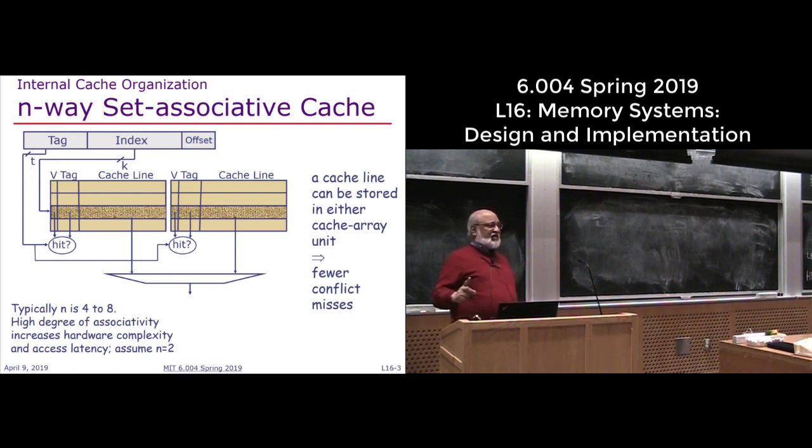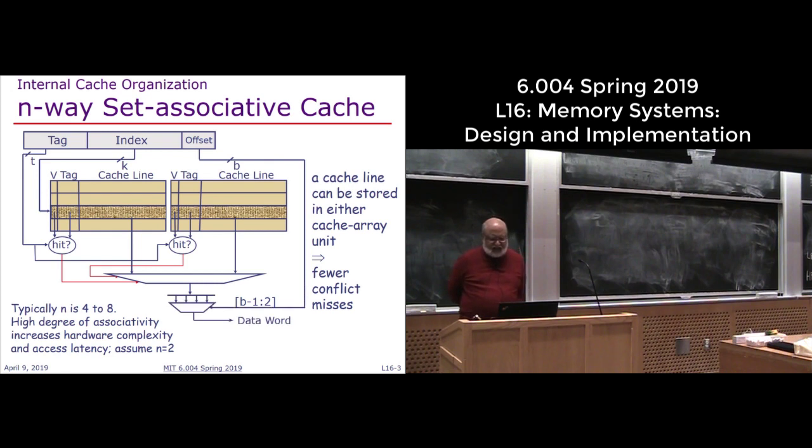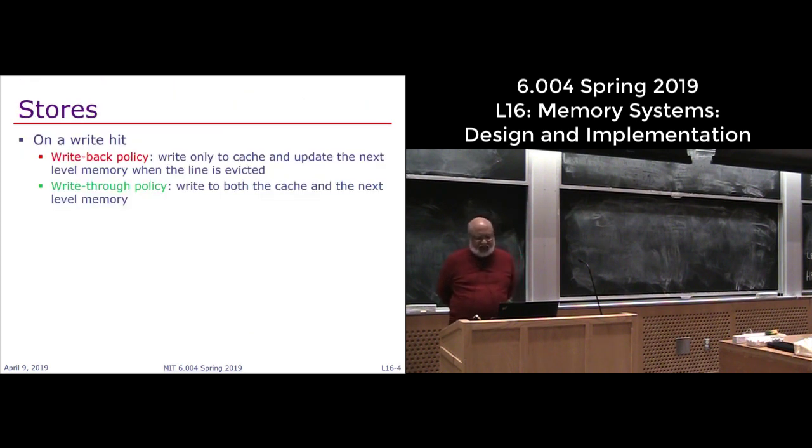Not in multiple ways. But when it comes to storing it, we can choose which way we want to store this in, which way we should allocate the cache in. So you see all these things. If it's a hit, depending upon which hit you have, you will select that word coming out from it, and at most you can have one hit happening in the cache.